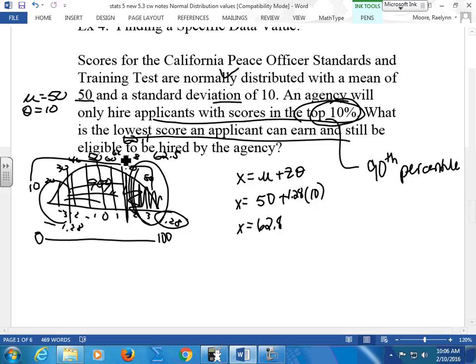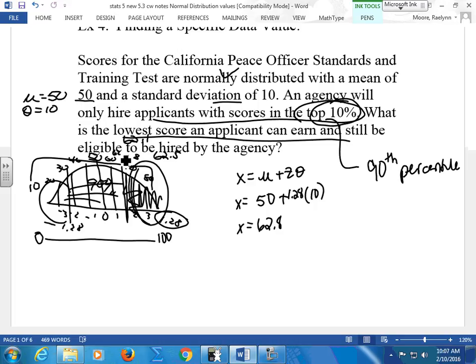So remember when you asked me about rounding and I said as soon as we hit the shading with the X's, you'll see it makes a difference? This is where it makes a difference. If the test scores are in whole numbers, I don't want somebody with a 62. They didn't reach my 10% yet. So because I need them to be up in this area, I always have to round their score up, if in fact it said round to the nearest whole number.